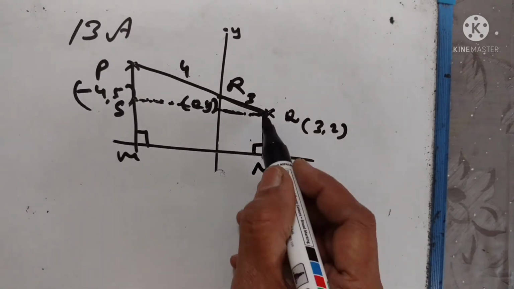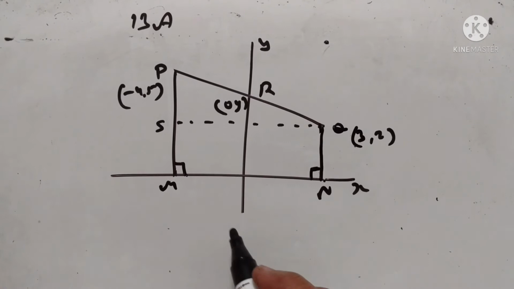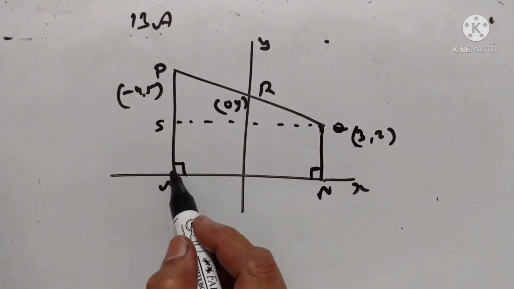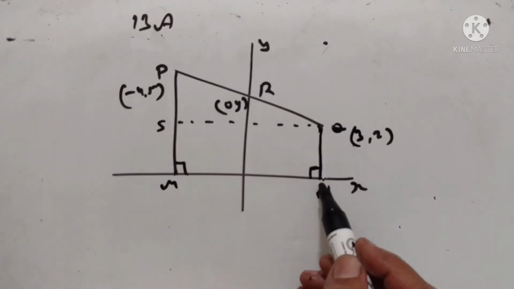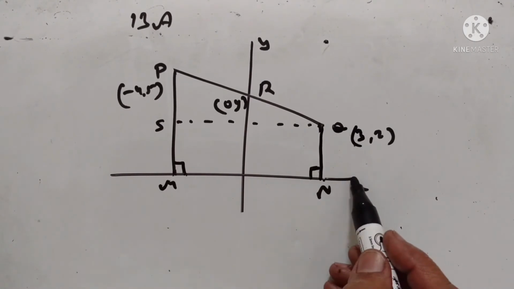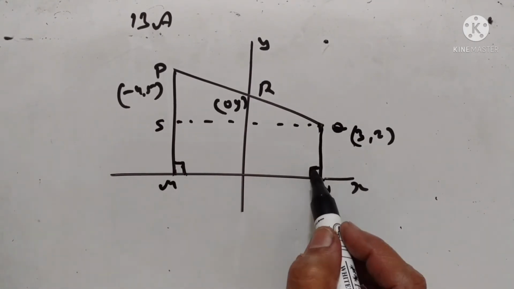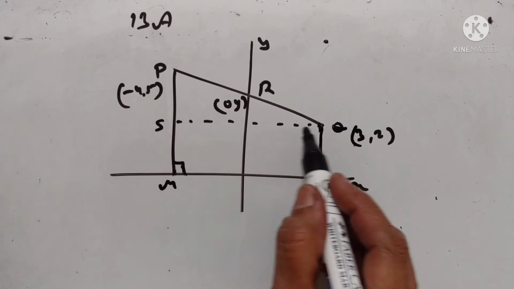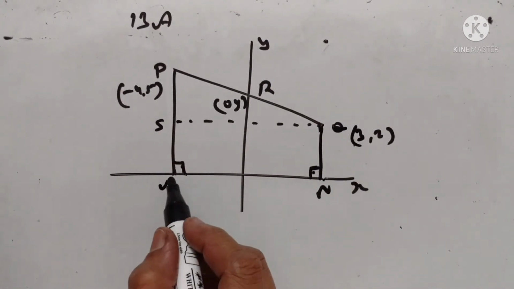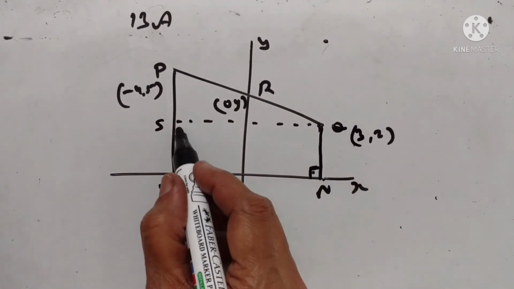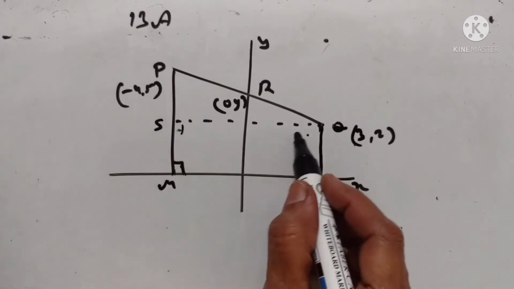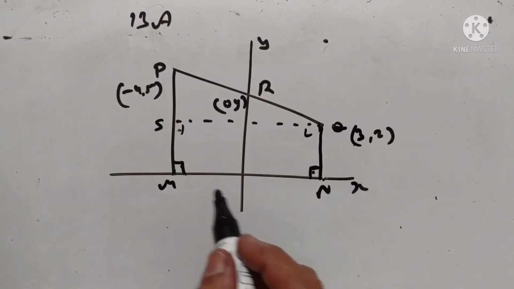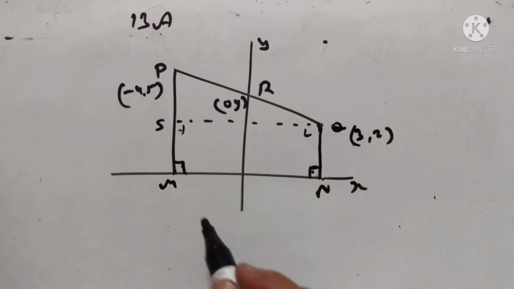PM and QN are perpendicular to the x-axis, therefore these two angles are 90 degrees. By construction, SQ is parallel to MN, therefore these two angles are also 90 degrees. Therefore, MNQS is a rectangle.